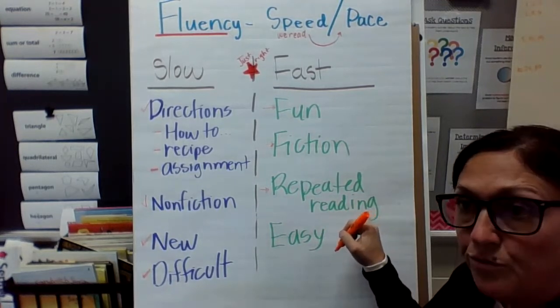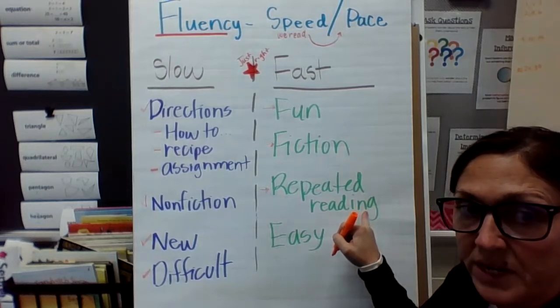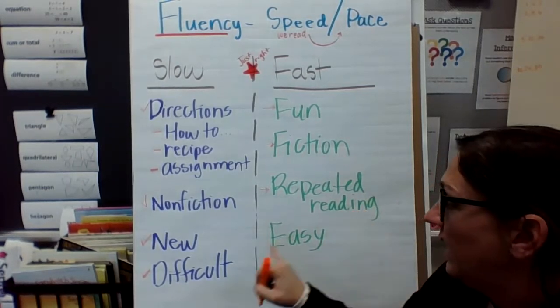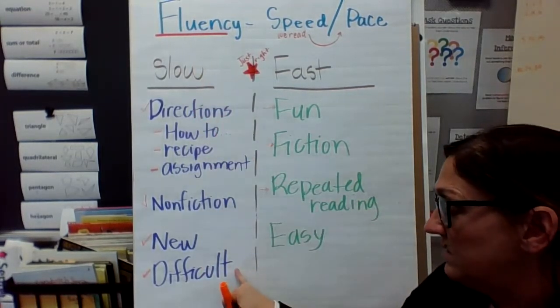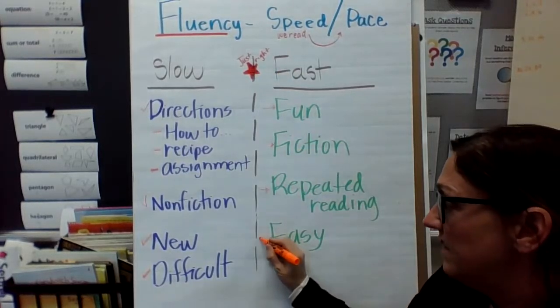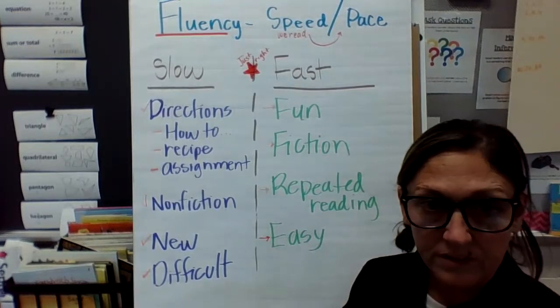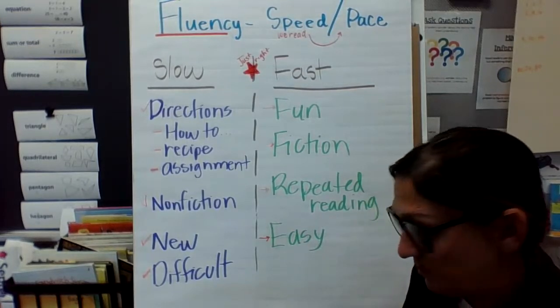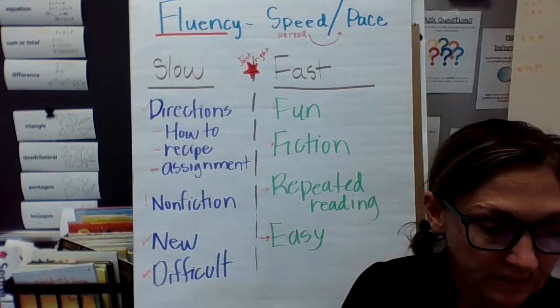If it's something you've read before, if it's a repeated reading, you might be able to read it a little bit faster. And opposite of slowing down if the text is difficult, you can speed up a little bit if the text is easy. If it's lower than your normal reading level. Maybe you're reading to a younger sibling or the assignment is an easy reading level.